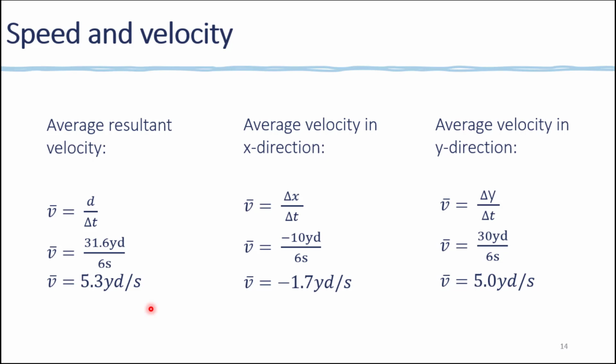If we wanted to then split that velocity into its x and y components, we can apply the same velocity equation to the displacement in each of the directions separately. So the displacement in x divided by the same amount of time, and then the displacement in y divided by the same amount of time. And you get a velocity in the x direction of negative 1.7 yards per second, and in the y direction of 5.0 yards per second.